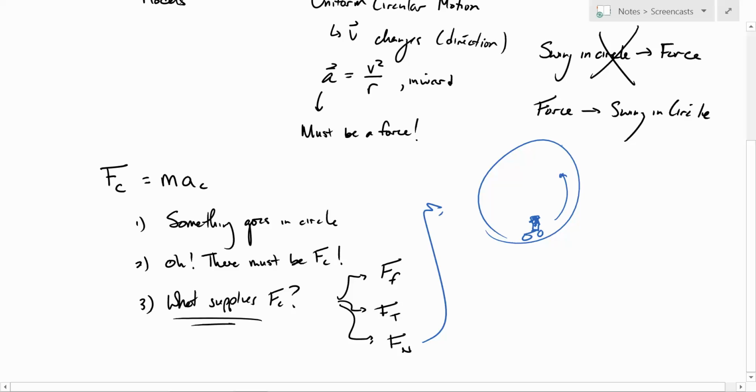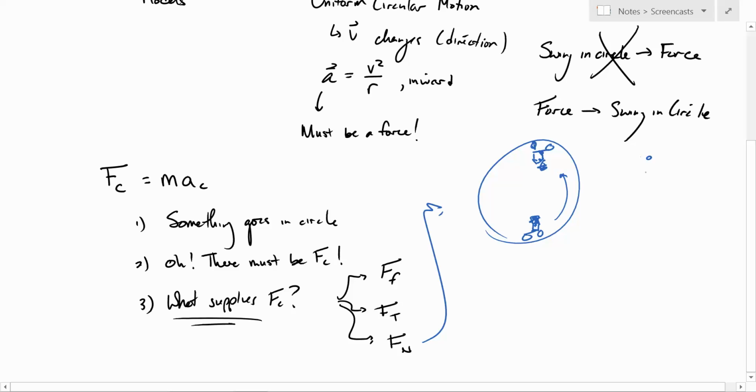This is not a bird's eye view, it's a head-on view. So the question is, when the person is at the top of the circle, what forces are acting on them? And then when they're at the bottom, what forces are acting on them?